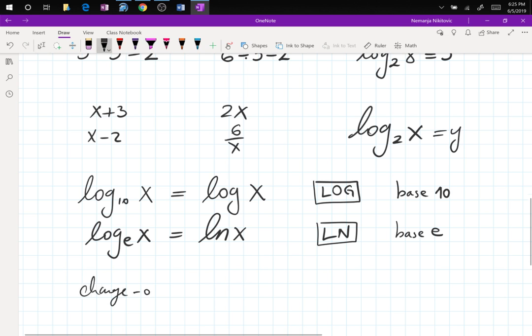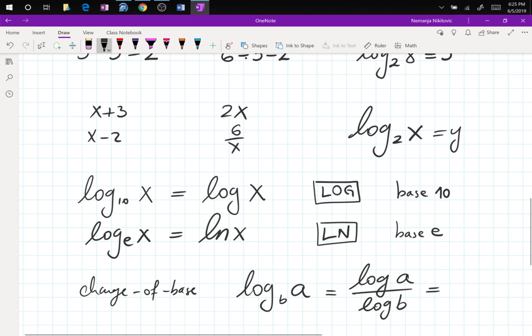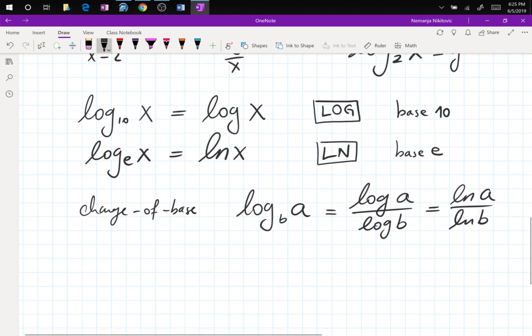So, the change of base formula: we'll take log base b of a and change this into log a divided by log b if you want to use base 10, or ln a over ln b if you want to use base e, which is ln.